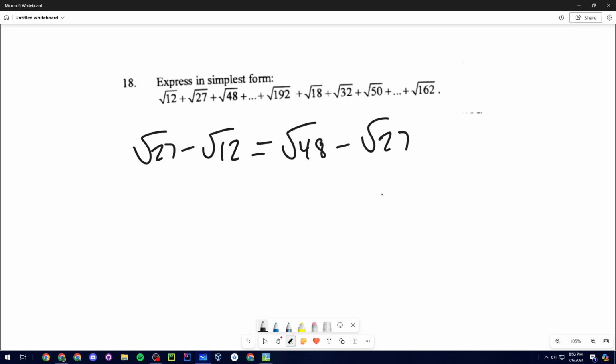Is that true? Well, the square root of 27 minus the square root of 12 is 1.72. Root 48 minus root 27 is also the same. So it's an arithmetic series. Okay, perfect.